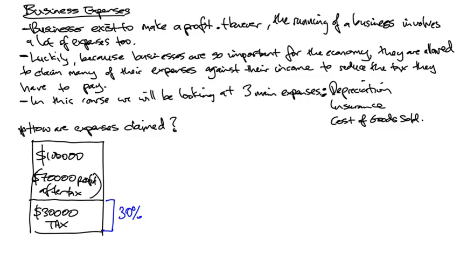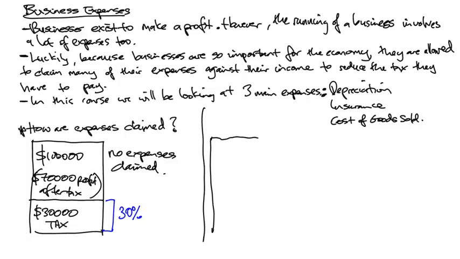Now this is with no expenses claimed. But businesses are able to actually claim their expenses that they use to keep the business going. So regular things like wages, rent, their insurance, council rates, electricity, that sort of thing. They're able to claim that back against their profit, which effectively reduces their profit, so they're taxed a lower amount.